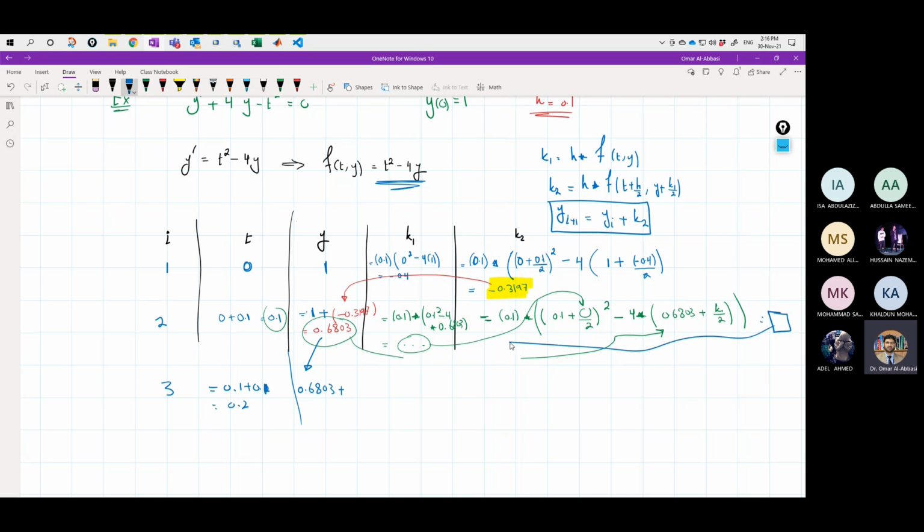Okay, I will use that K2 and put it there. Then I will calculate K1 and K2. I will use the old solution over here, so Y plus K2.